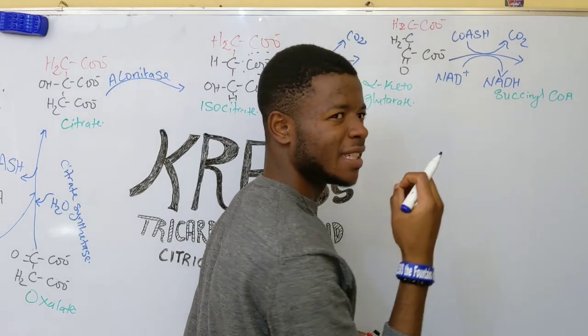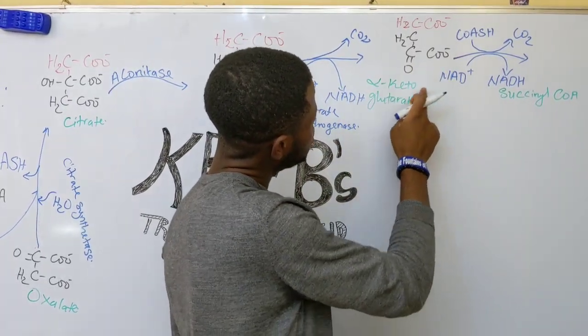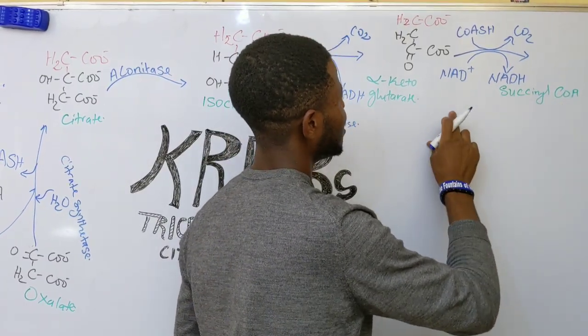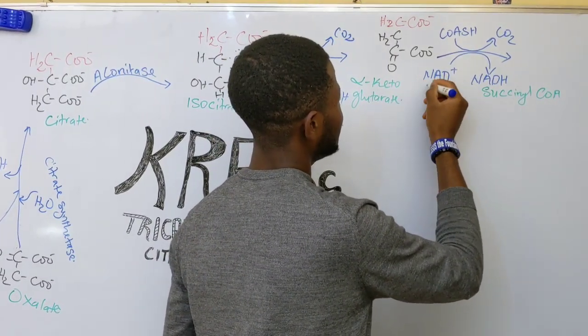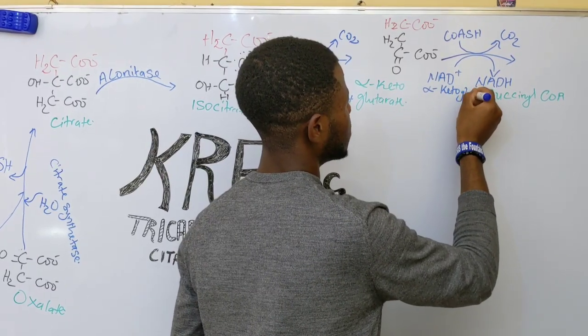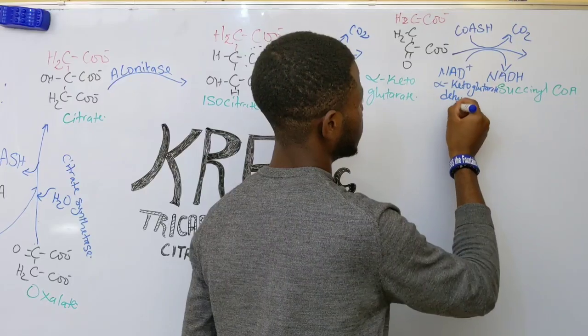Now I'm going to use a specific enzyme here. What is this enzyme? Since I am removing the hydrogen from alpha ketoglutarate to form succinyl CoA, I should use the enzyme alpha ketoglutarate dehydrogenase.